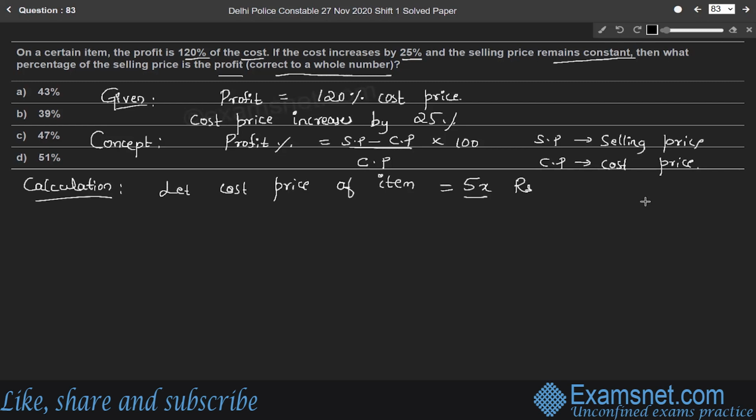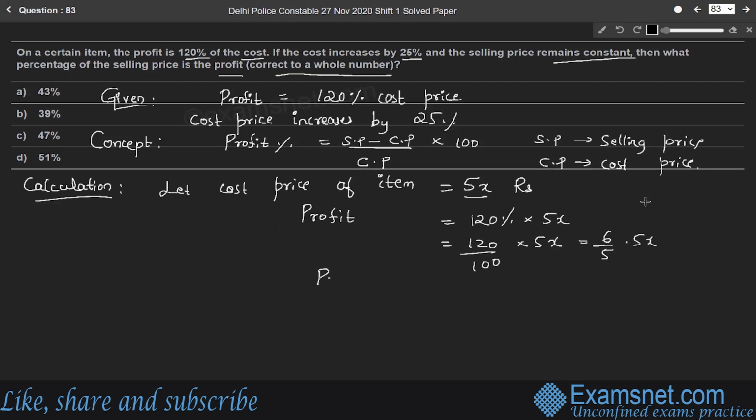In order to avoid fractional addition, subtraction or multiplication, it is better to take a multiple of 5, right? Therefore, if the cost price of the item is 5 into x, then profit is 120% of the cost price, that is 120 by 100 into 5x, which is 6 by 5 into 5x.